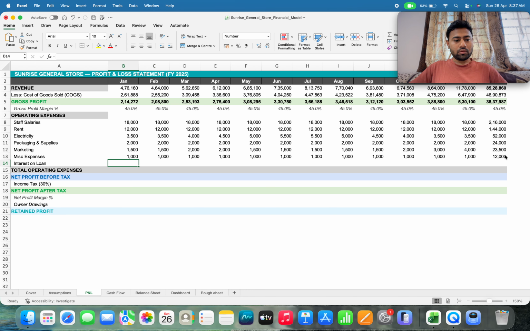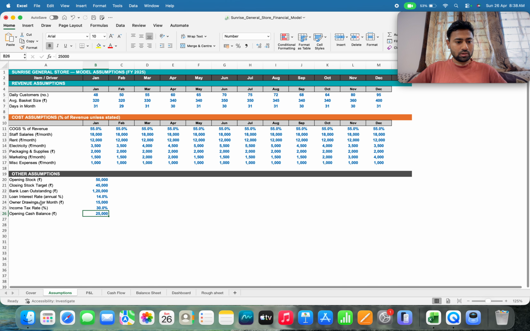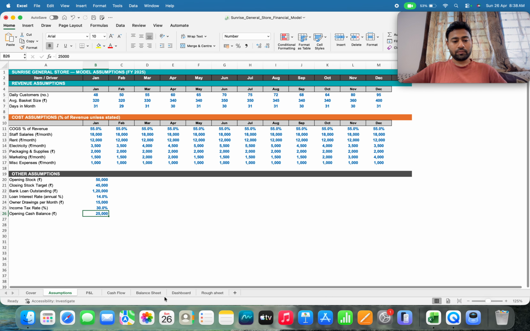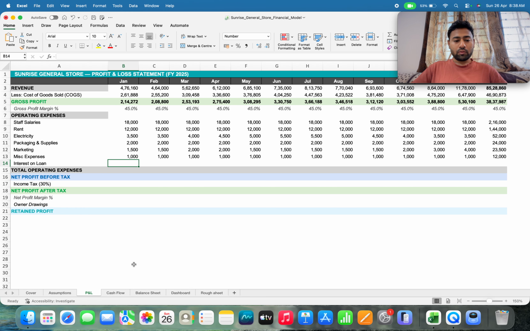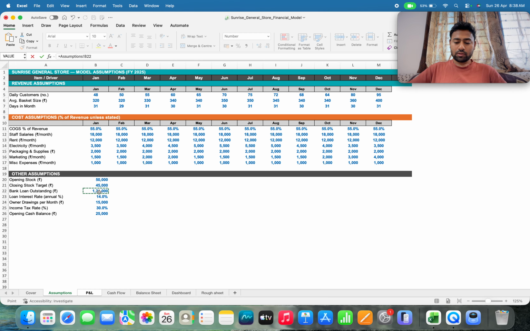Now coming to the interest on loan. In the assumption sheet, how much is the interest rate? We have the loan interest rate annually 14%, and we have a bank loan amount outstanding of 1,20,000. Coming to the PNL, we are doing a per month calculation. So again we will connect this from here: 1,20,000 into 14%, divided by 12.